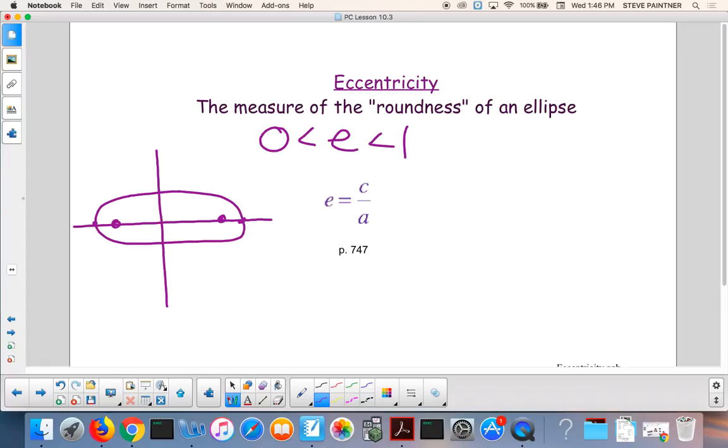If you have C values that are really, really close to your A values, what is your E value going to be close to? Your eccentricity. 1. Yeah, if these are really close together, E is going to be close to 1.